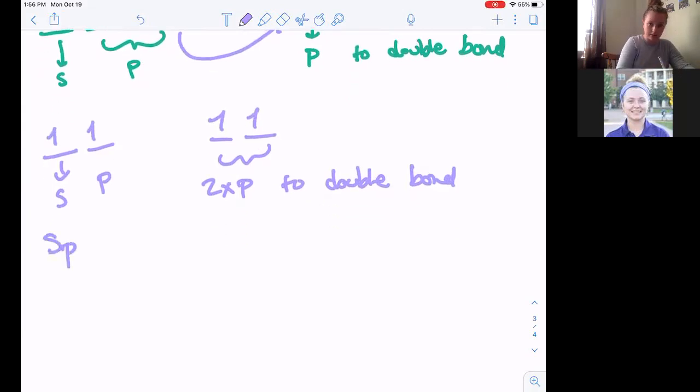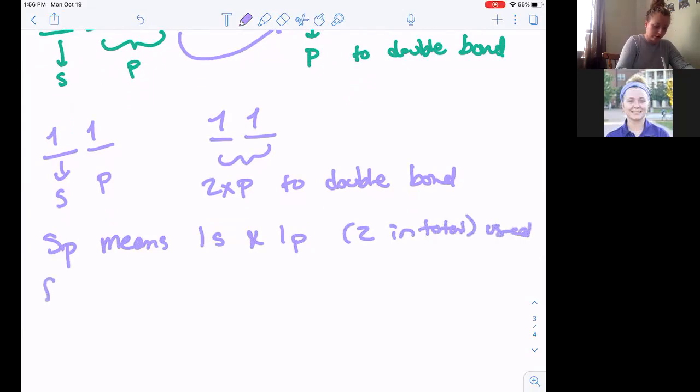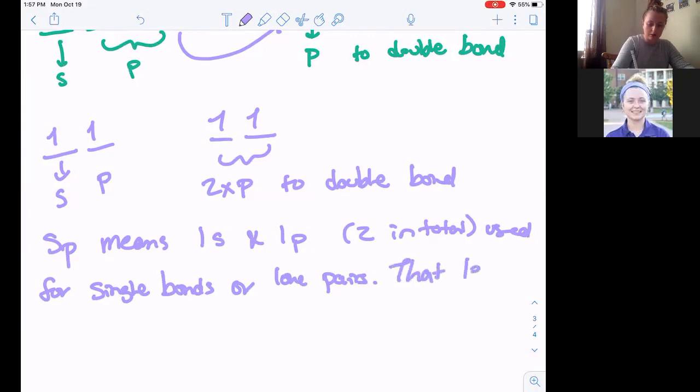That's SP, which means there's 1 S and 1 P, 2 in total, used for single bonds or lone pairs. That leaves 2 p orbitals to double bond.